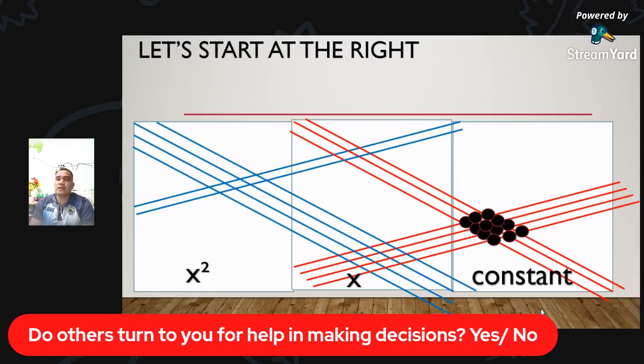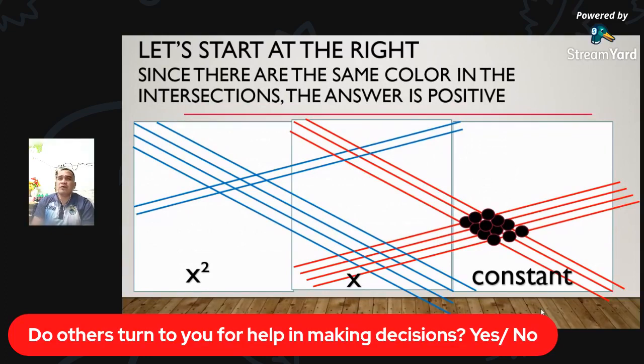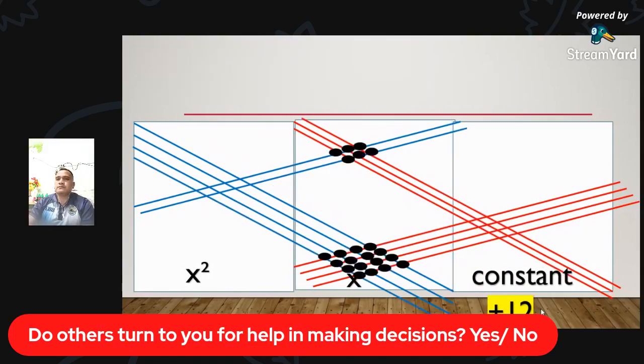As you can see, we have only one color intersection, that is red. Even if it's negative, if we multiply it by negative, it would result in positive. Since there is the same color in the intersections, the answer is positive 12.